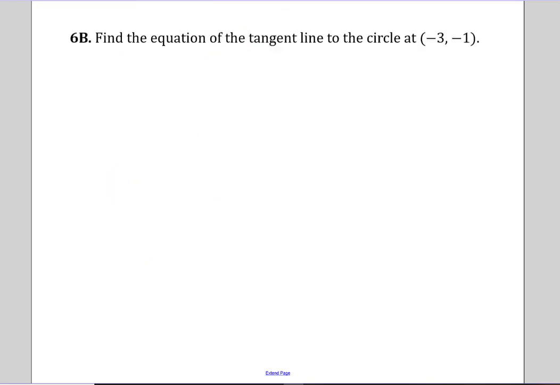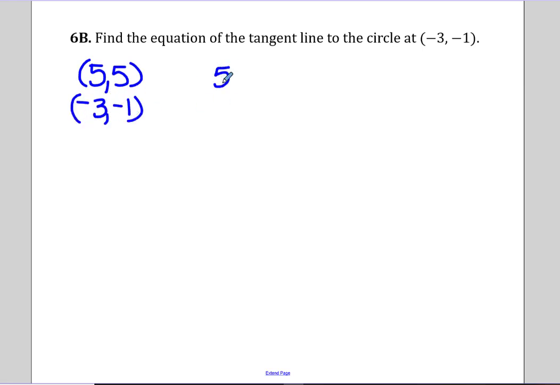Find the equation of the tangent line to the circle. So we need our slope, don't we? Our slope would be the change in the two points, (5, 5) and (-3, -1).